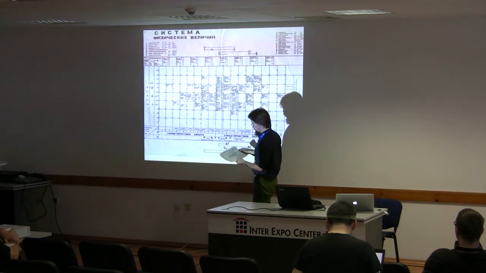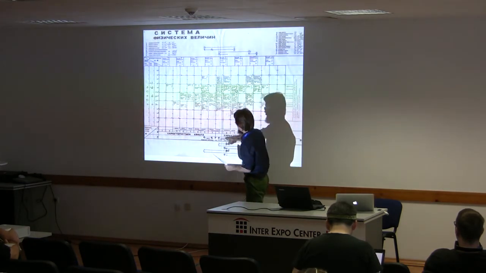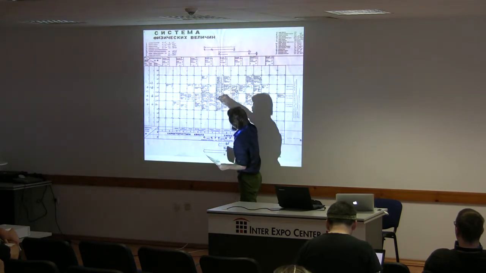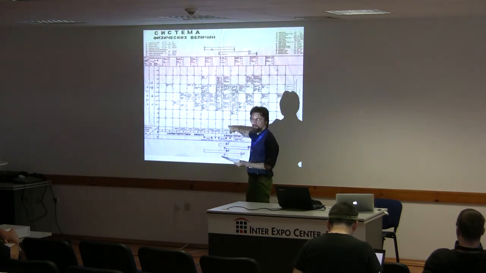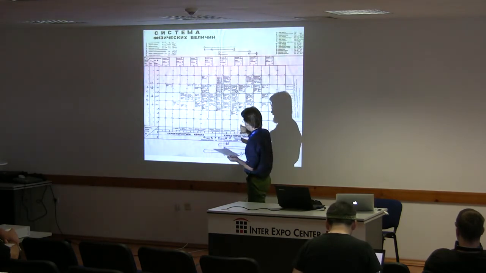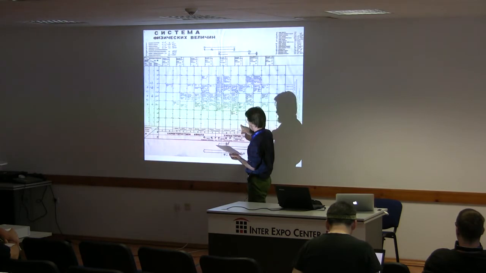So for example, near the force, this column is the zero form, and the next step is the one form, and after that we have 2, 3, and again 2, 3.